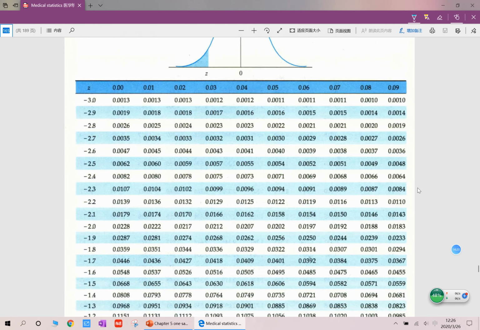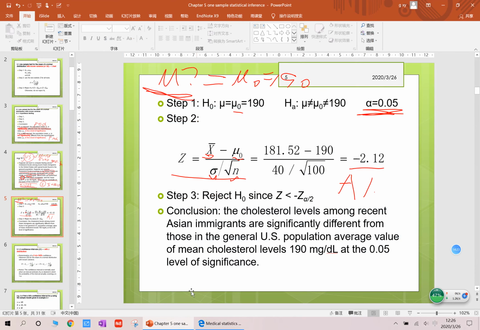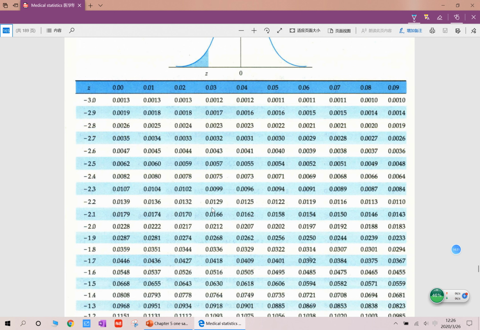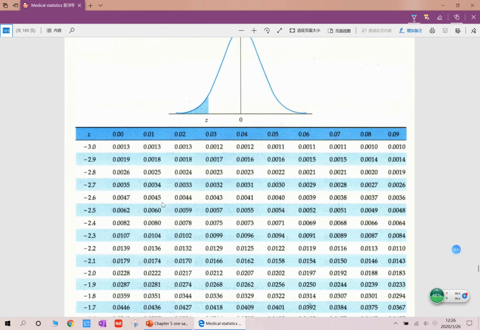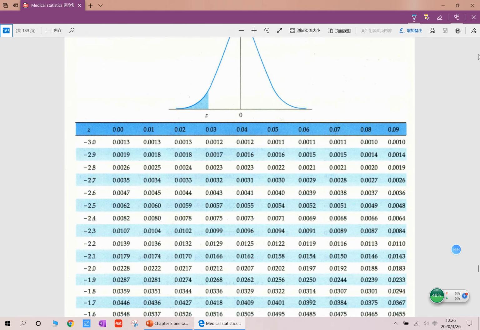So here, we get a number of z as negative 2.12. So let's find it. 2.12. And I think you know how to use table A1. So the first one, let's find the minus 2.1 here, and 0.02 here.